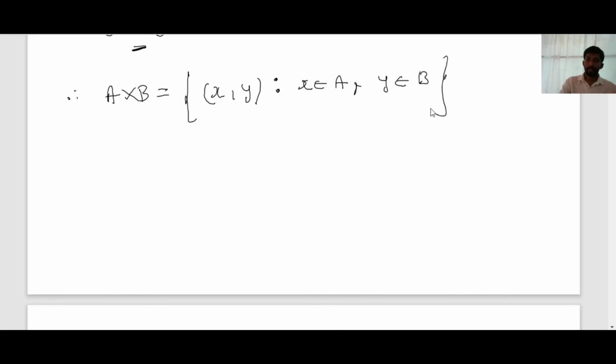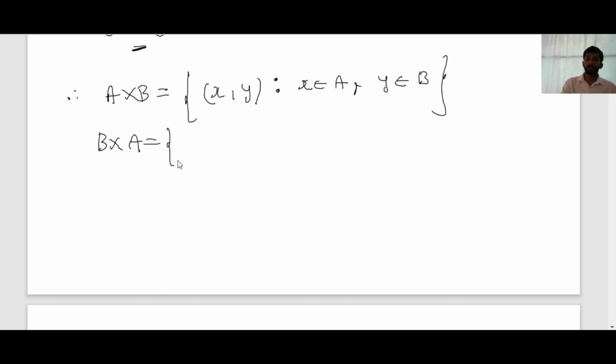Therefore, by all these examples, you can say that A cross B, Cartesian product of A to B, is equal to set of all ordered pairs (x, y), such that x is taken from the first set and y is taken from the second, right? Correct? In a Cartesian product, first element belongs to the first set and second element belongs to the second set. What is B cross A then?